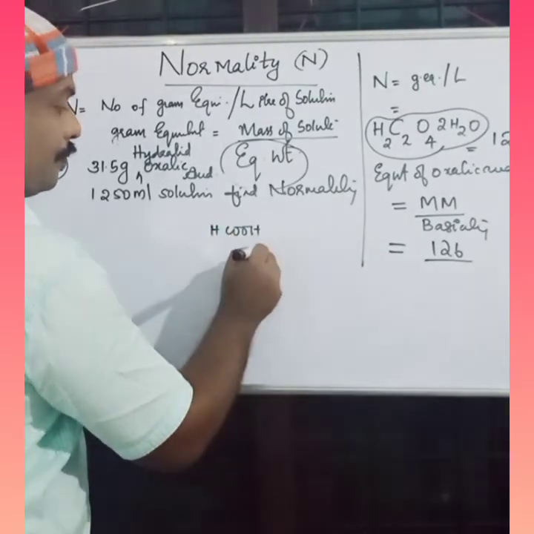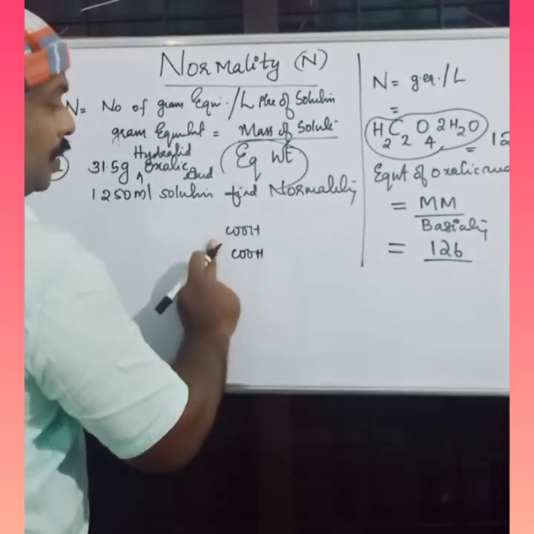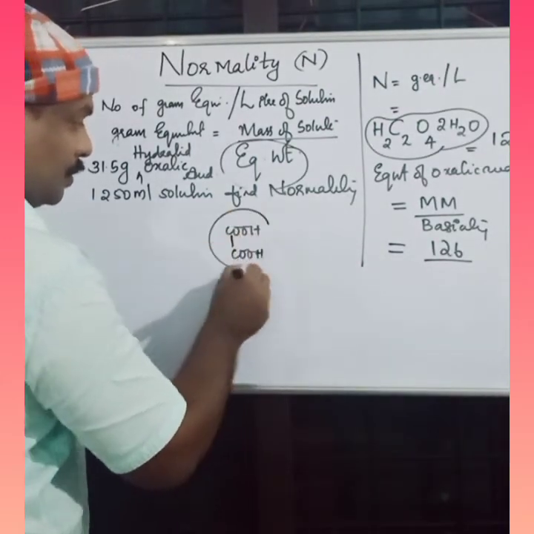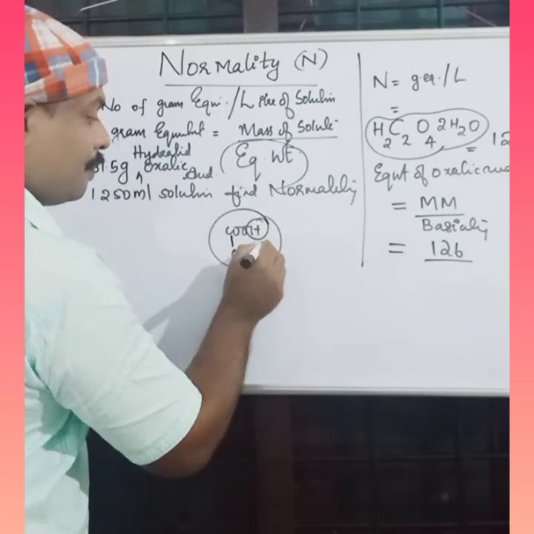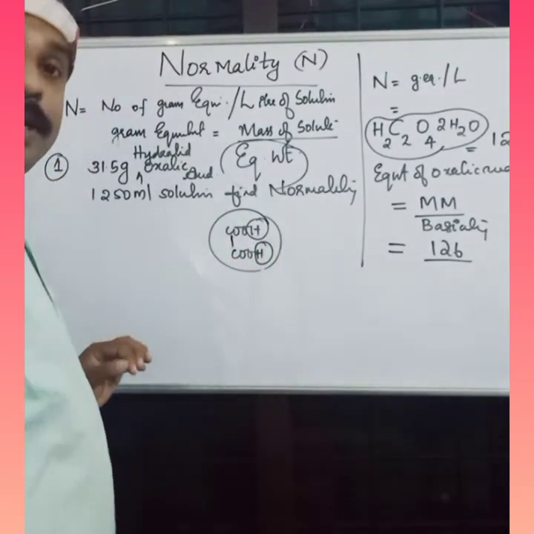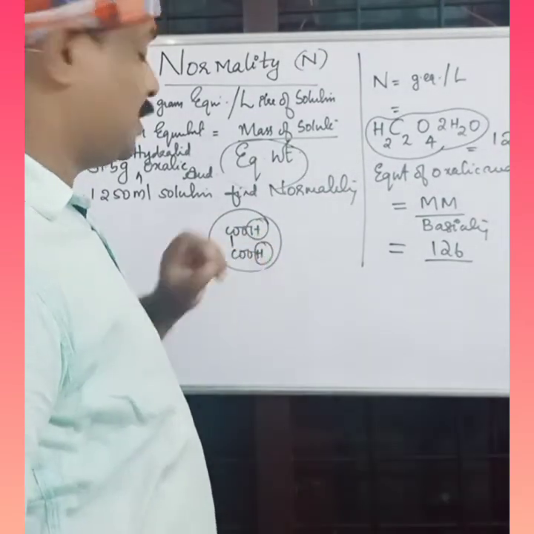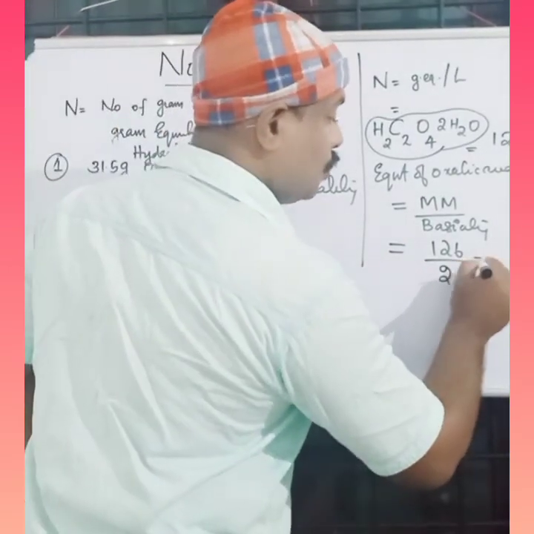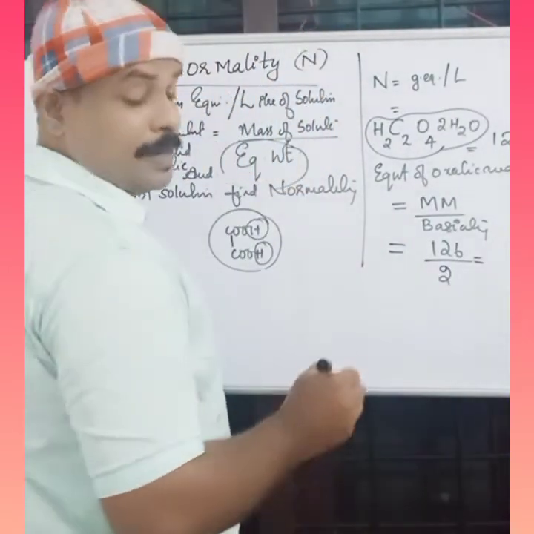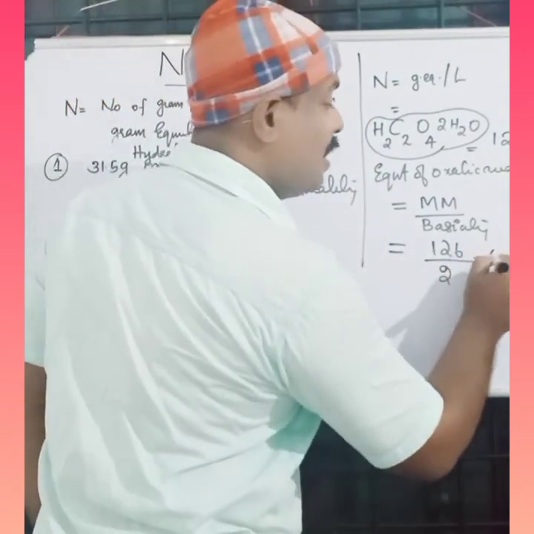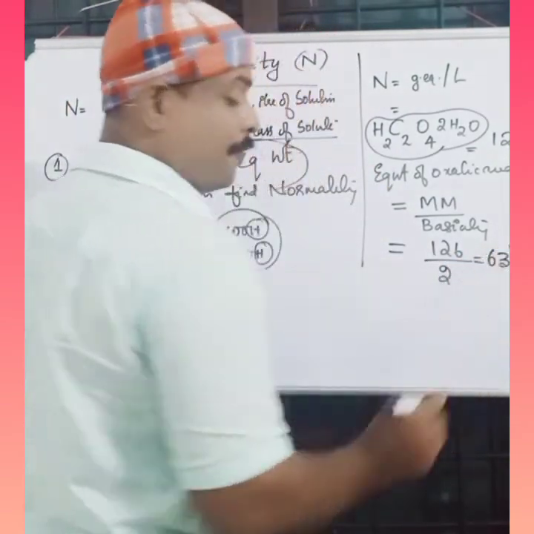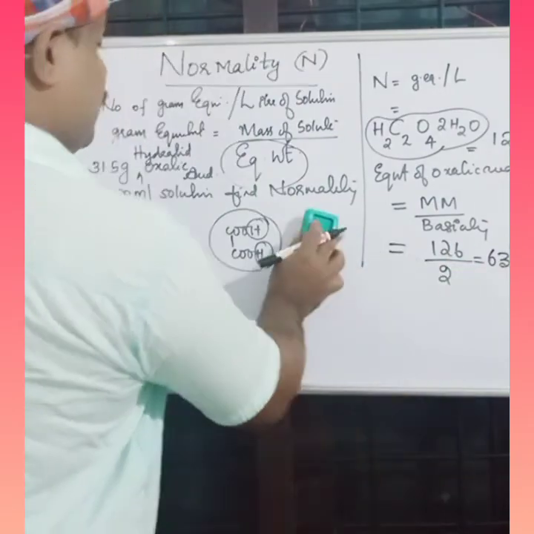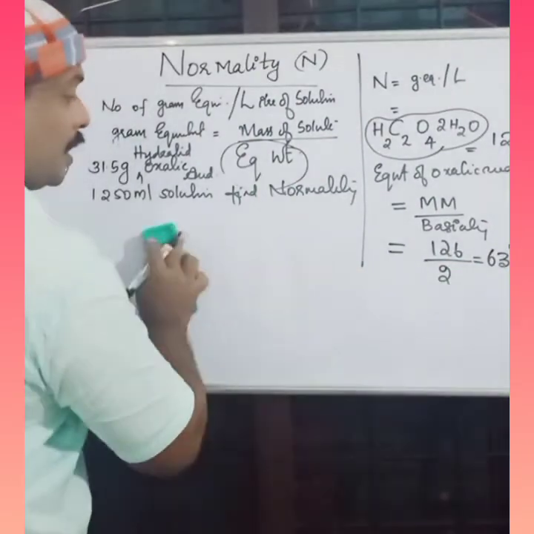Oxalic acid is a dicarboxylic acid, COOH COOH, so it can give 2 hydrogens. So its basicity is 2. So 63 is the equivalent weight of oxalic acid.